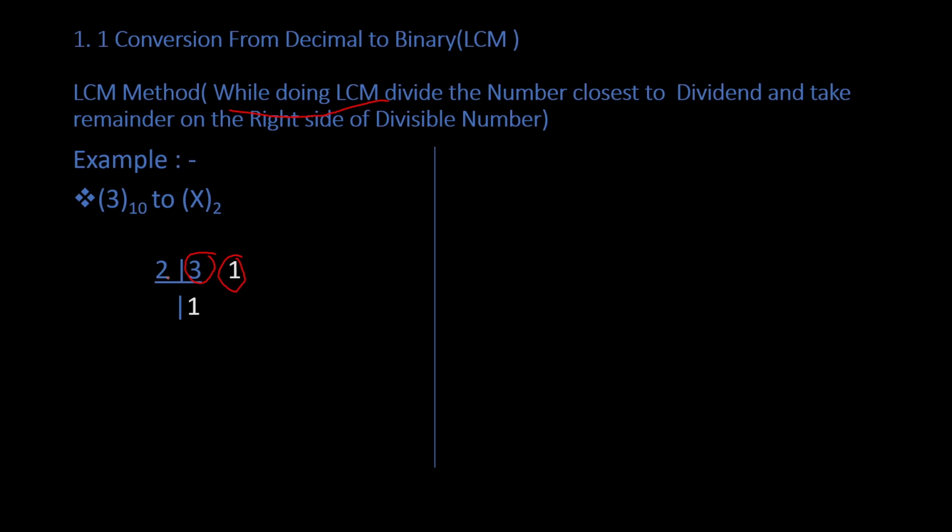In this example, you can see 2 into 1 is 2, and the remainder is 1. So we write the remainder 1. If the value at the end is lower than the base, we end here and count from bottom to up. In this case, x will be 11.